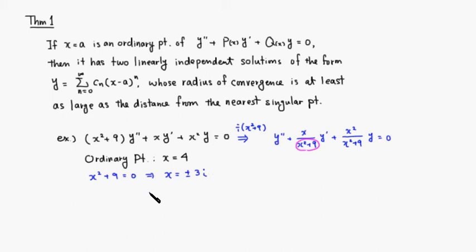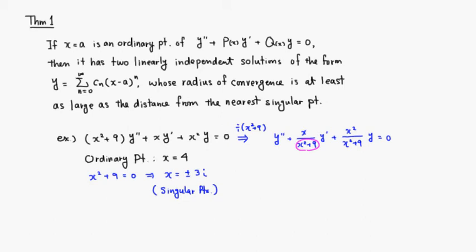So these are our singular points. So the radius of convergence is guaranteed to be at least as big as the distance between the ordinary point, in this case x equals 4, and the closest singular point.